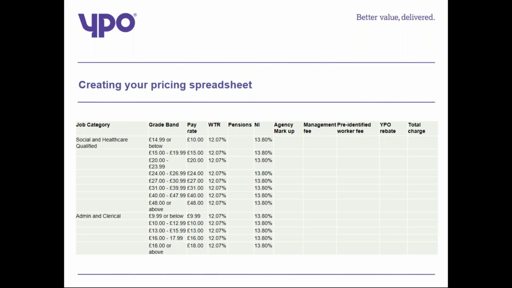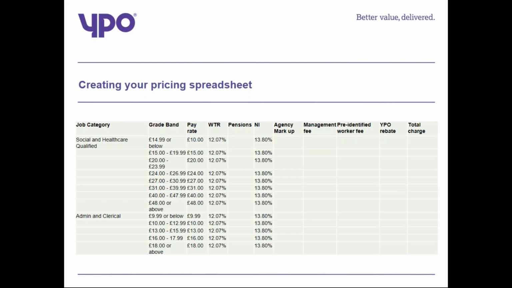It's then also relevant to have a breakdown of any statutory requirements for areas such as NI and working time regulations. As you'll see on the spreadsheet on the screen, working time regulation, for evaluation purposes only, on average, is estimated by government to be 12.07%.